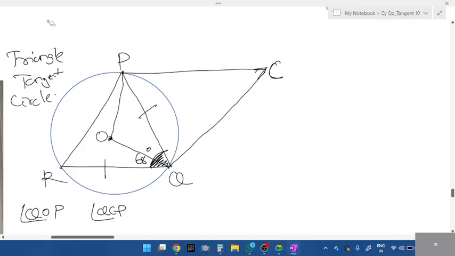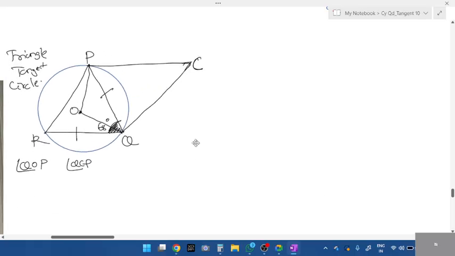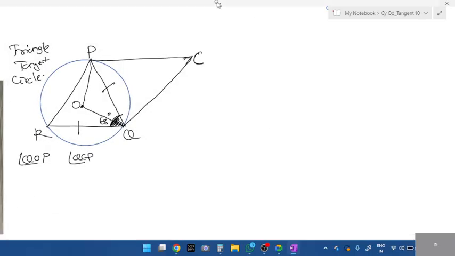Last question, I want all of you to unmute and answer. Am I audible to all? Is my voice clear, students? Okay, this is one of the important questions. There are chances of asking such questions. Look here. First, QOP. Where is QOP? Okay, QOP is the outer triangle, students.